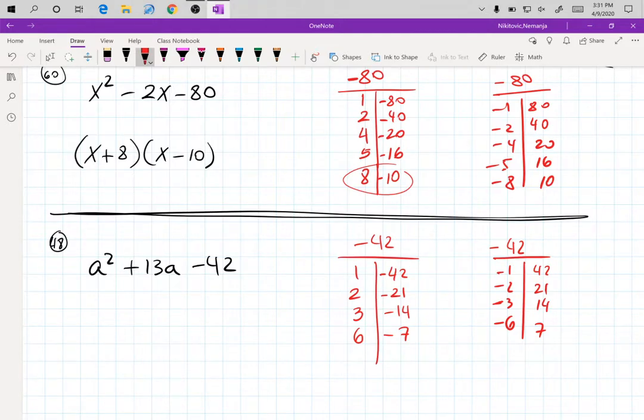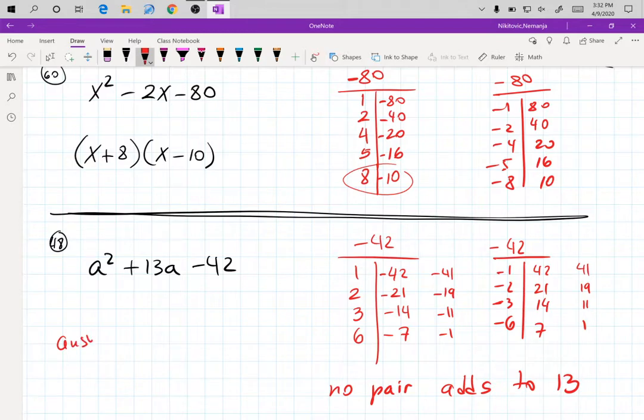Nothing adds to 13. So this is -41, this is -19, this is -11, this is -1, this is +41, this is +19, this is +11, and this is +1. Nothing adds to 13. No pair adds to 13.